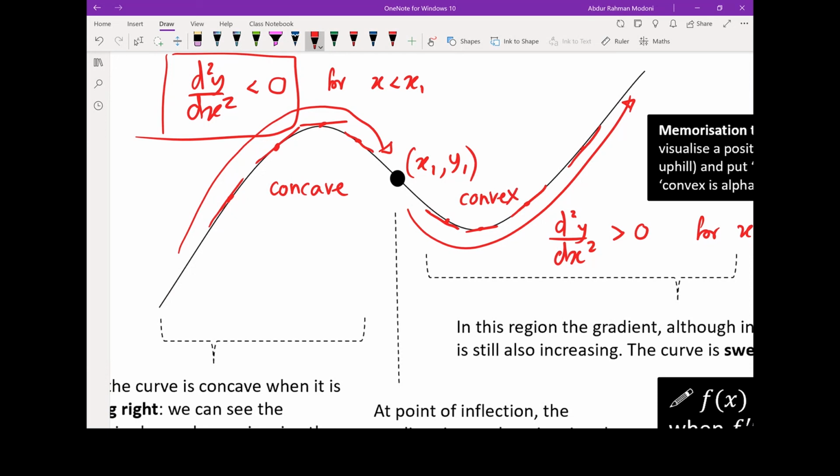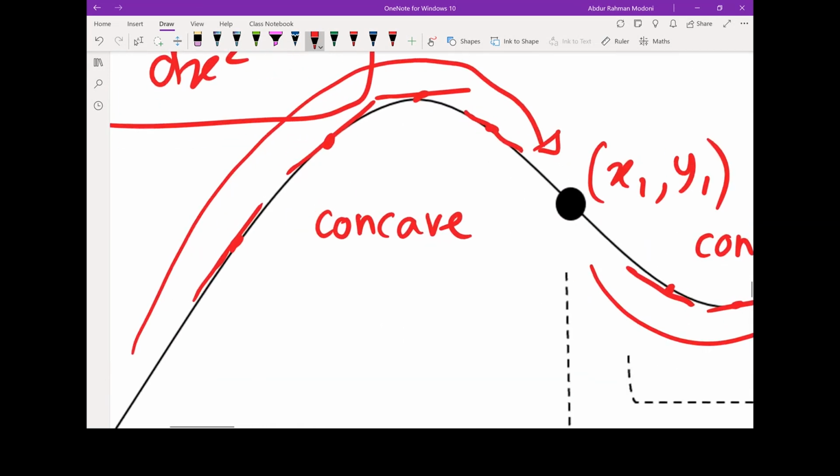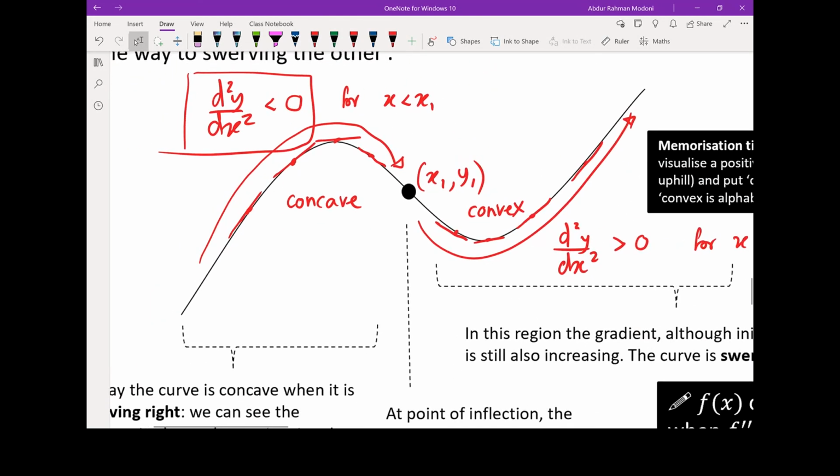So we've got concave and convex. A way to remember it is the concave, as you can see, it looks like a cave that you're going into. So it's that kind of parabola. It looks like a cave, a tunnel. Yeah, so that's a way to remember which one is which. So don't get them mixed up. So if that's concave, the other one will be convex.